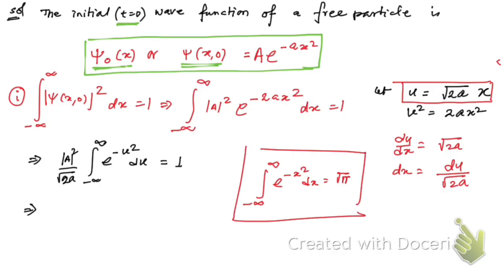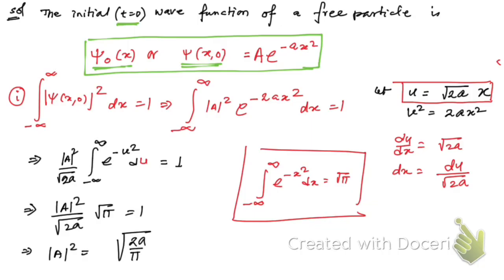Okay, we can replace this by this result. Hope you have understood this, right? So now we have got mod a square by root over twice a, root pi is equal to 1, which implies mod a square is root over 2a by pi. That's what we have got.